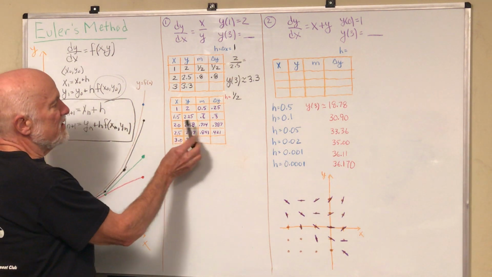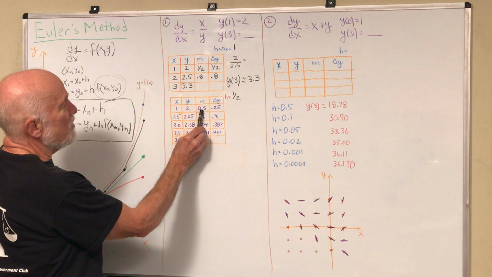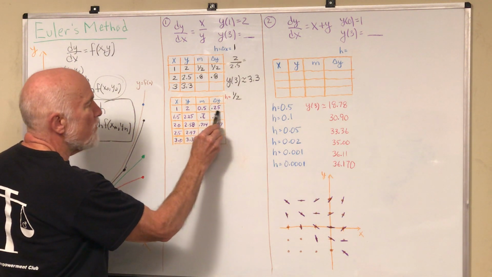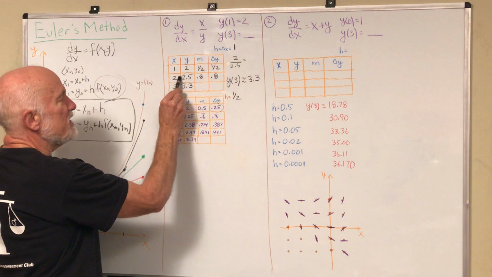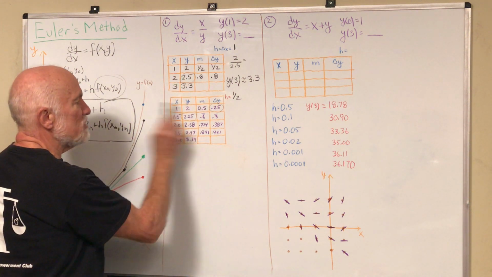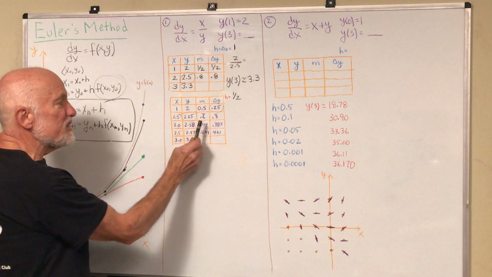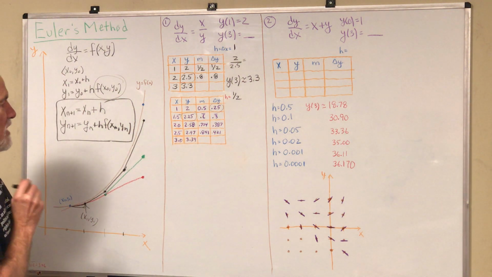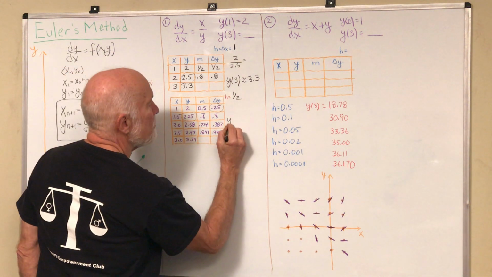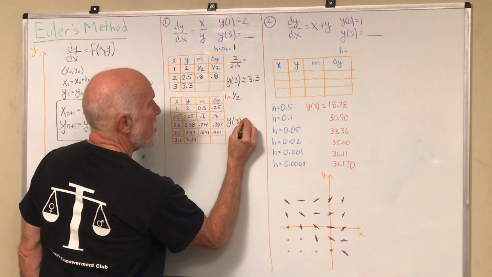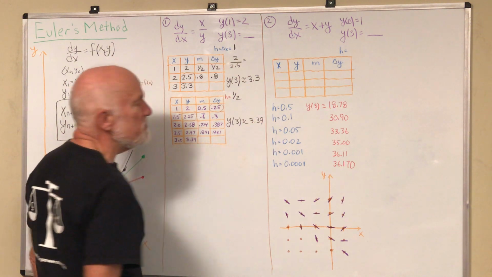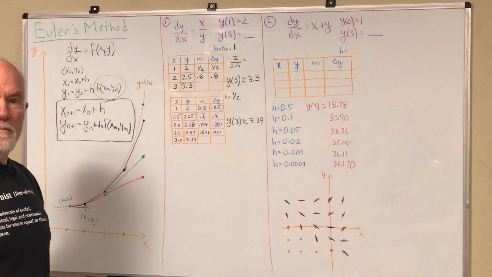You can just see the first one is the same. You still get 1/2, but now 1/2 times 1/2 is only 1/4. So instead of going to 2.5, we went to 2.25. And then we readjusted the slope. So as it turns out, then we say that y of 3 is approximately 3.39. And that should be a better answer.